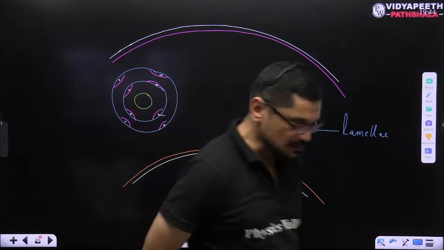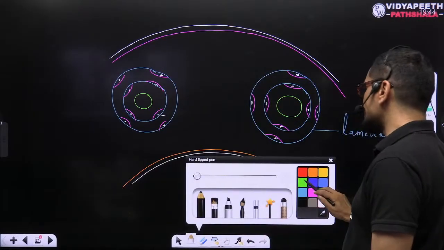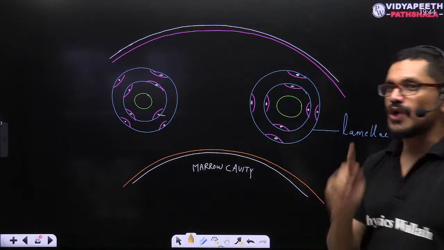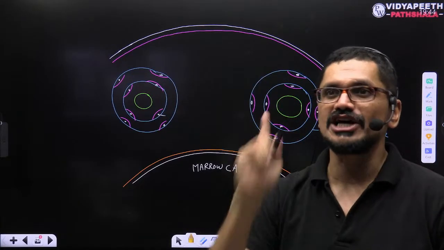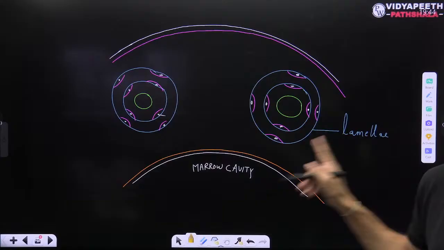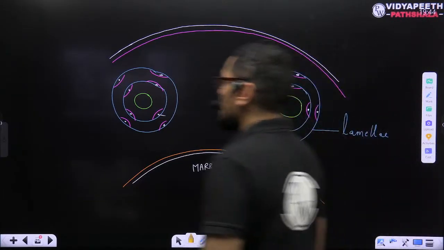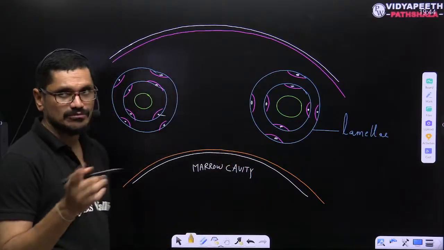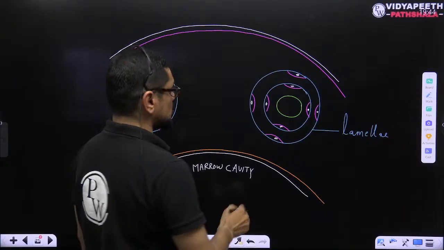Now please see the board. You have to see the board when I am drawing the diagram. Now I am joining one osteocyte with another osteocyte, one lacuna with another lacuna.